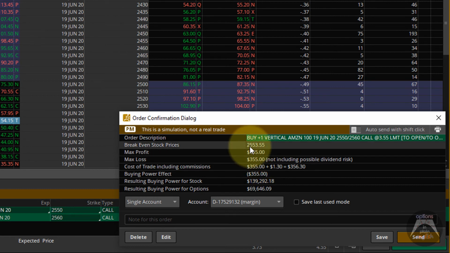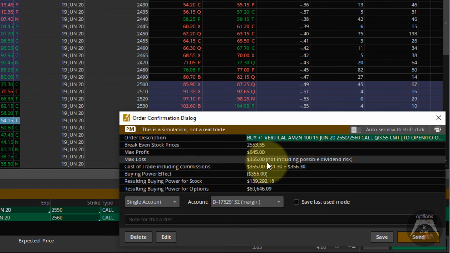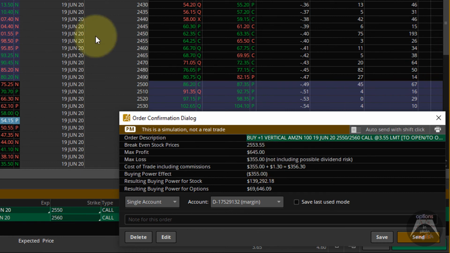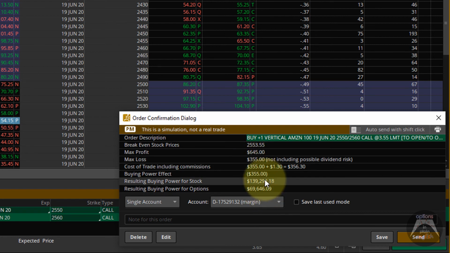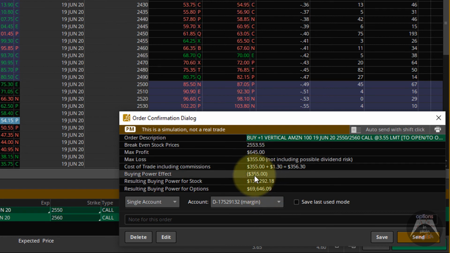So $2,553.55 is going to be the break even. Max loss is going to be $355, which is the total cost, the total money that we put up for this particular trade. The buying power effect is going to be $355. So this is all that we're going to be using from our portfolio, nothing in addition to this.